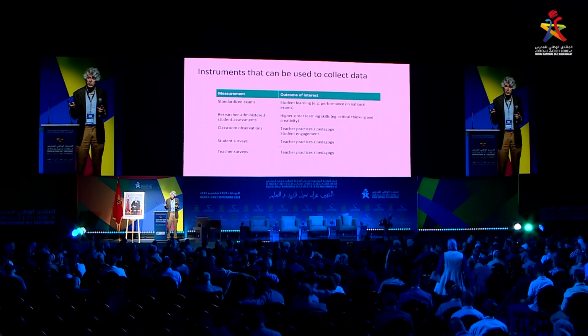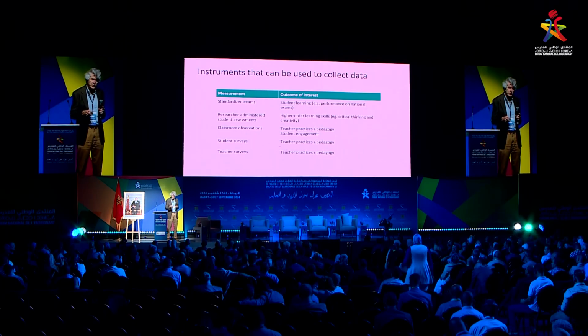We can have classroom observations where somebody sits in the back of the classroom and watches the teacher, or we can give students little questionnaires about what their teacher does in the classroom, or we can give the questionnaires to the teachers and ask them what they're doing. We do this for both the treated people and the control group, so we can see what the difference is. This helps us understand not only whether the program worked, but what really worked about it, what really changed in the classroom that made the program work.